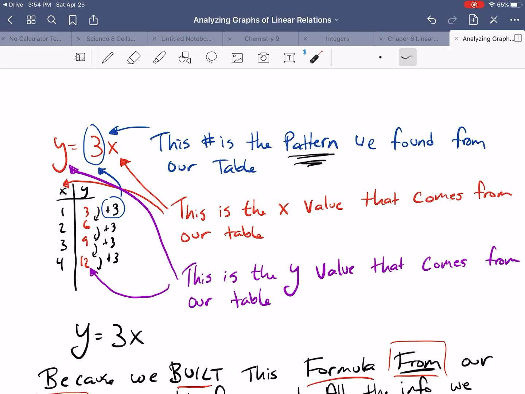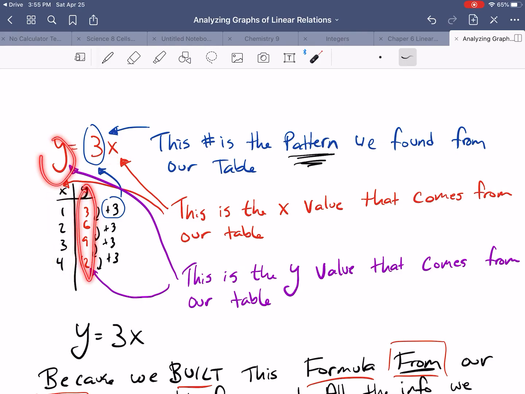So guys, check this out. This is the pattern number, the 3 right here, plus 3. The x value, this x, refers to all of these numbers that we could throw in there if we wanted to. And over here, this y refers to this column right here, all of the y numbers. So again, pattern, x is here, y is here.